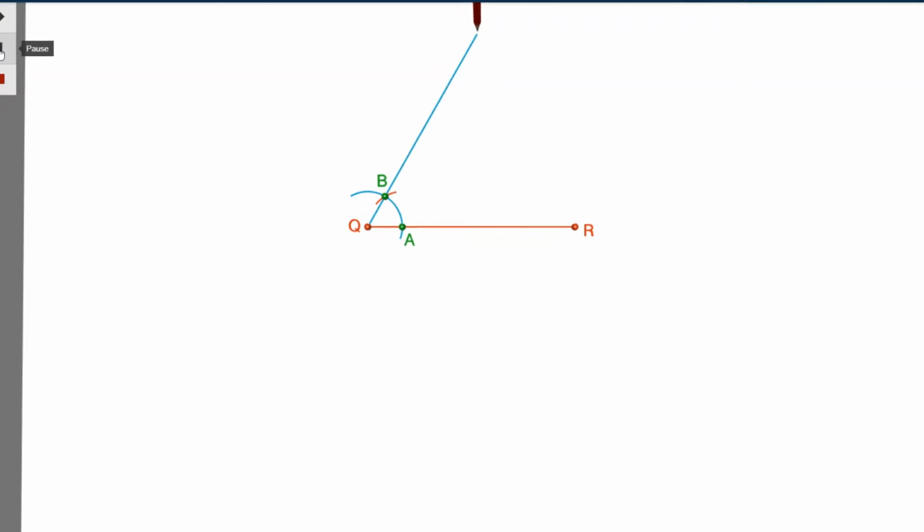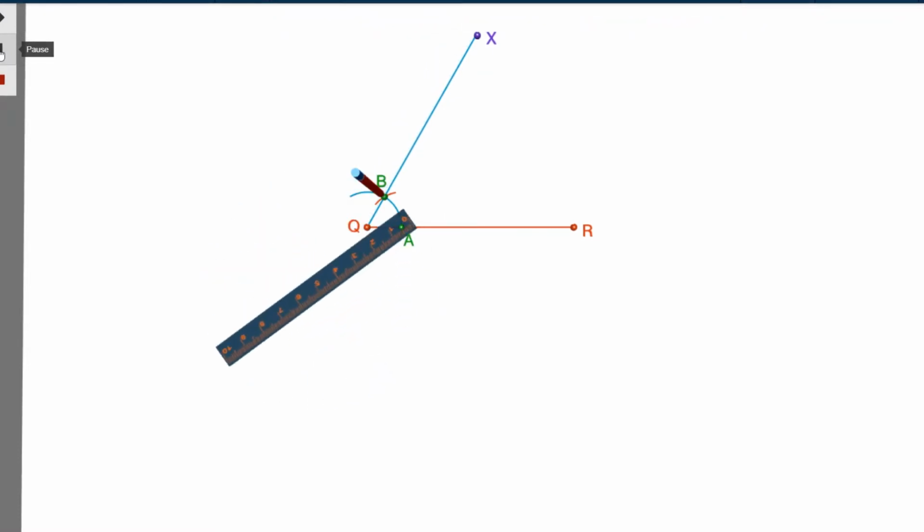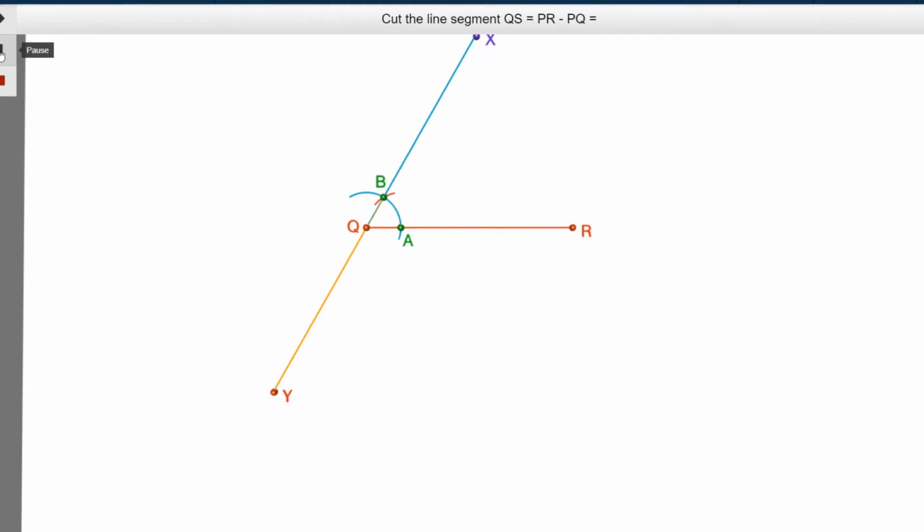The arc AB makes 60 degrees with the center Q. AB arc makes 60 degrees, means angle BQA is 60 degrees, or we can say XQR is 60 degrees. Now we extend line XQ to the other side of the base QR.